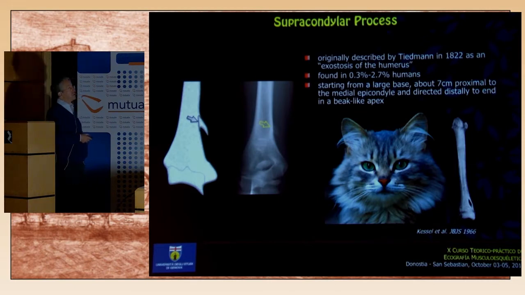If you refer to these animals, this is an image of a humerus of a cat. You see that there is a tunnel here, and the cranial part, the ossified part here, is related to something like a supracondylar process.